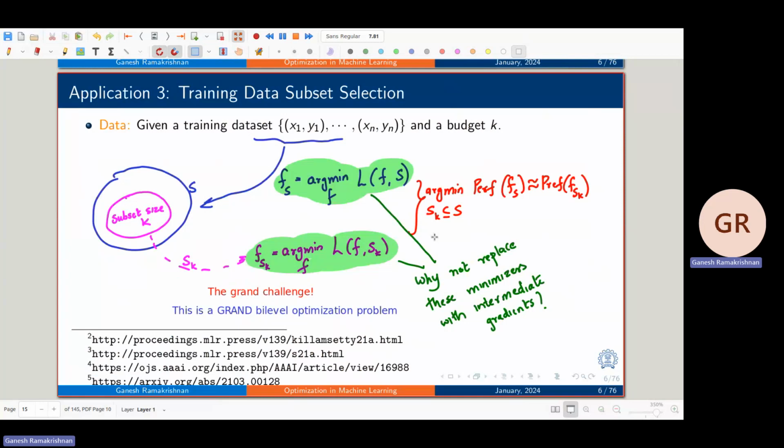Using a set S, if I have to compute performance, what will I do? I look at some measure like F score, or we could even look at the loss. Let's look at the loss, but computed with respect to what parameters?